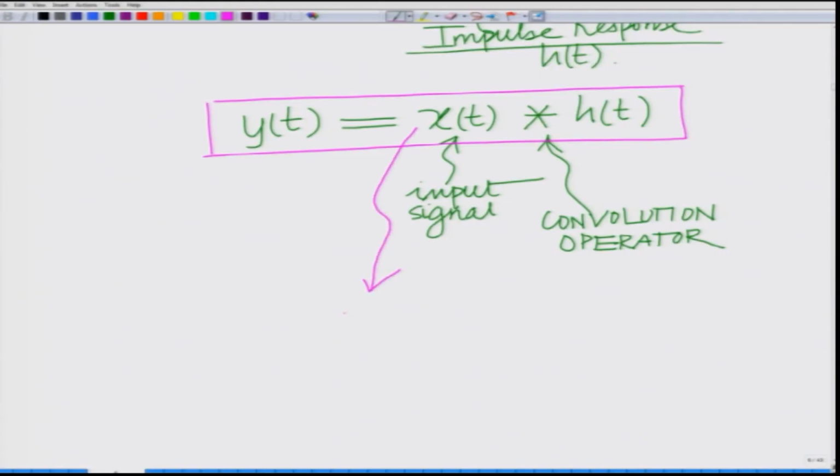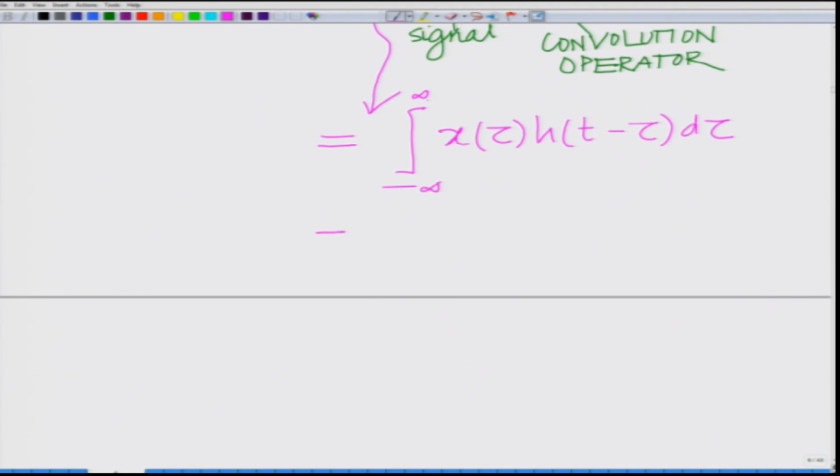and this convolution operation is represented as integral from minus infinity to infinity x(tau) h(t minus tau) d tau, which is also equal to integral from minus infinity to infinity x(t minus tau) h(tau) d tau.